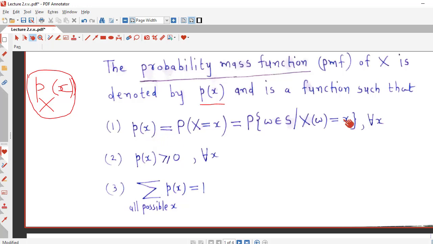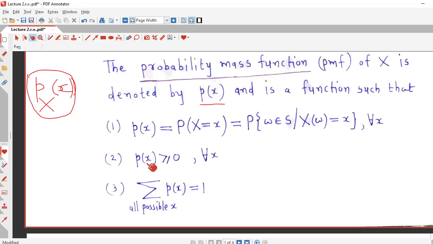Corresponding to each value of small x, we can define this event, and the probability of that event is the value of the probability mass function at point x.